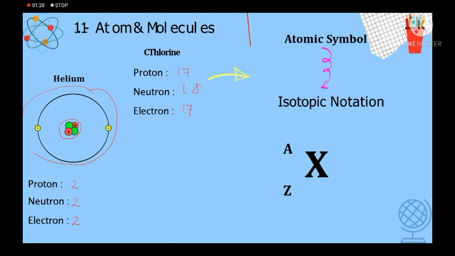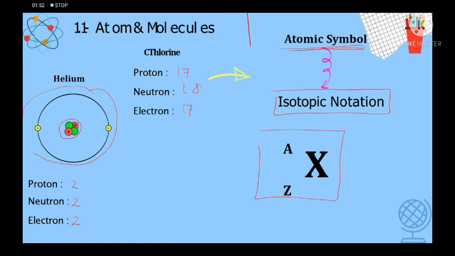So we need help to write an atom by using an atomic symbol. Instead of drawing an atom, we can symbolize the atom by using isotopic notation. So this is isotopic notation.